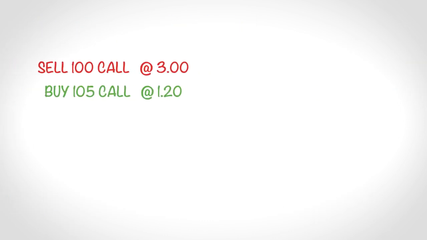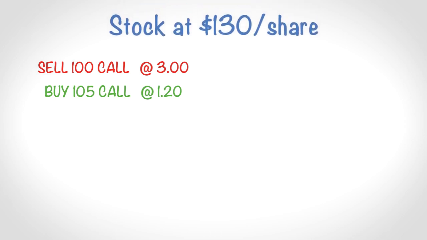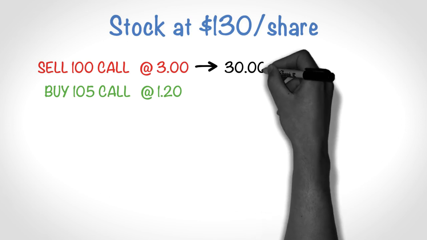Even though there's only a 1% chance of it happening, let's say Netflix stock decides to go nuts and ends up at $130 per share. Let's break it down and see what each individual option price will be. Our short 100 strike call that we sold for $3 is now 30 points in the money, so now it will be worth $30.